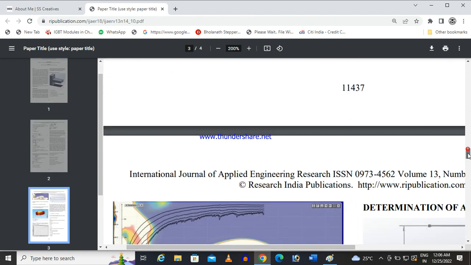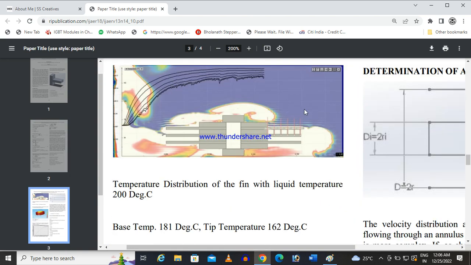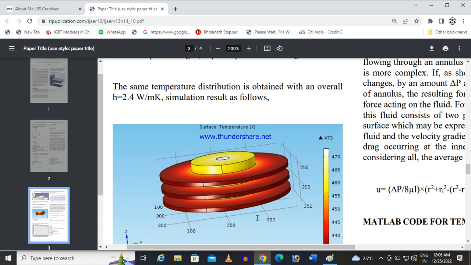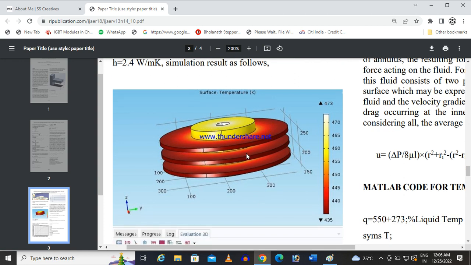So you see, this is one snap of that Energy2D. Here these are the fins, and here the temperature is taken. Okay, and this is the model study of COMSOL. You can see the temperature at the base.